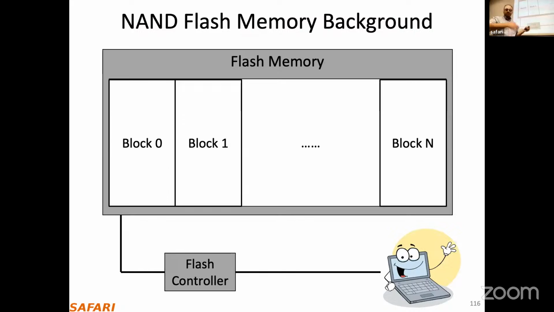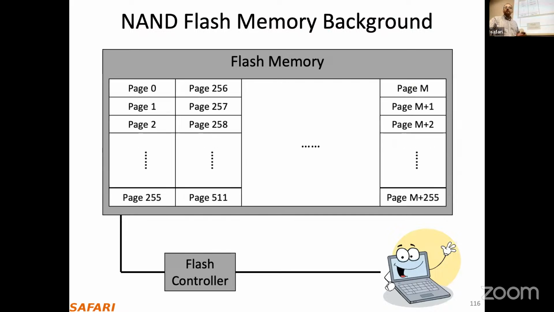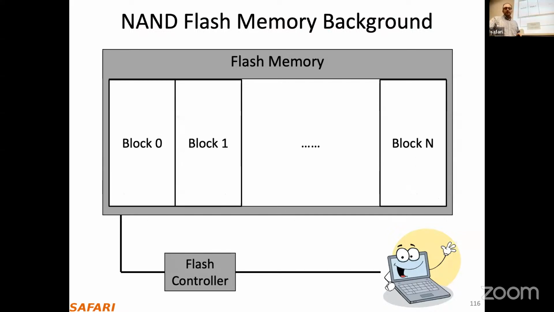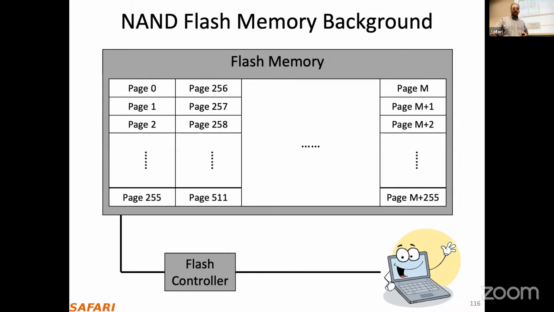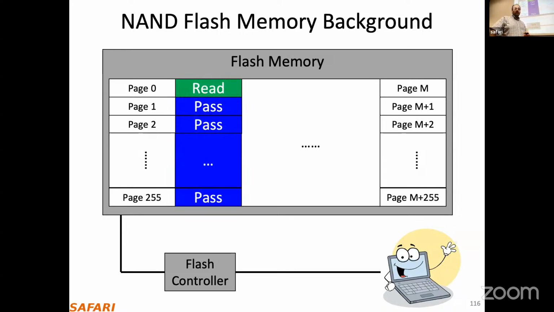I'm not going to talk about the NAND flash memory background again, but you already know that we have blocks, and in each block we have several pages. Erase happens at block granularity, and read and program happen at page granularity. When you want to read a page, you need to apply pass voltage to all the other pages, and for the page that you want to read, you apply the reference voltage.